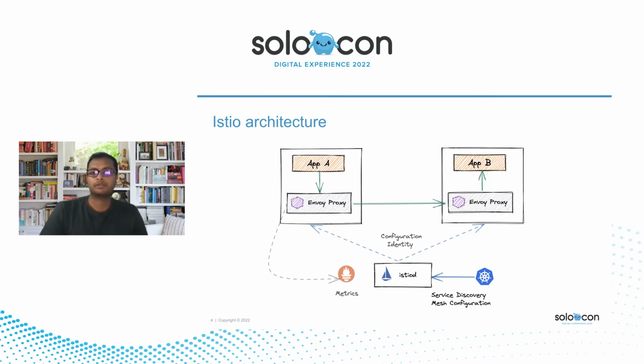The second component is the control plane, which is called Istio Discovery, or in short, Istiod. It's responsible for looking at your platform configuration. So for example, if you're running in Kubernetes, it will look at all the services you have and the user-provided mesh configuration and translate that to all the data plane proxies.